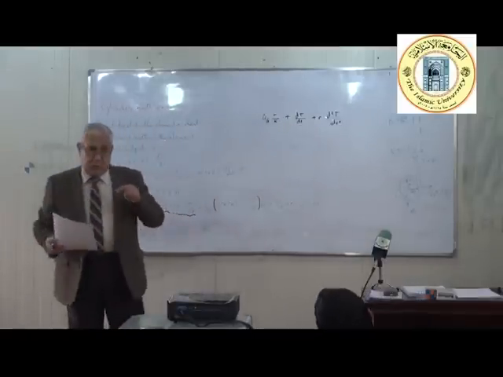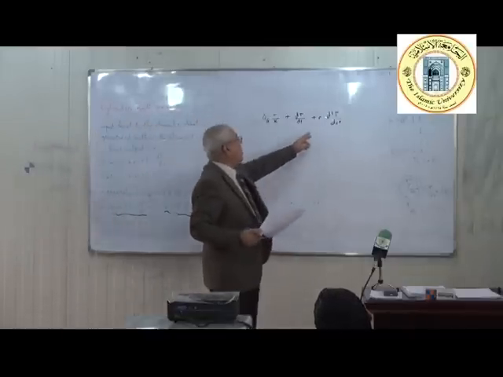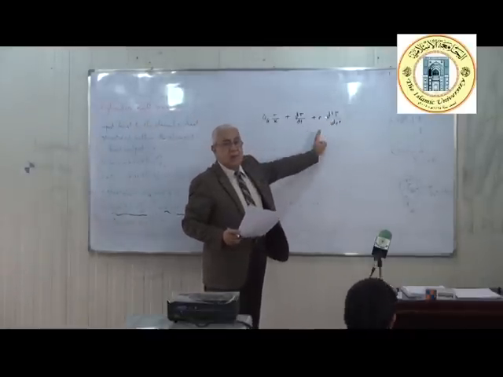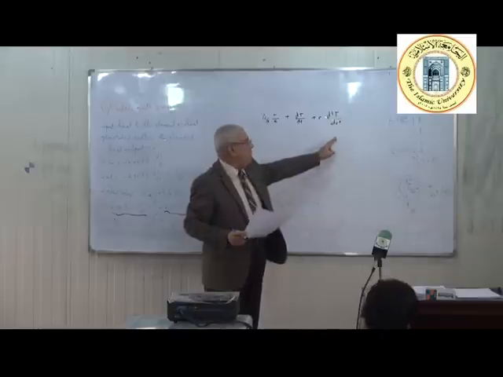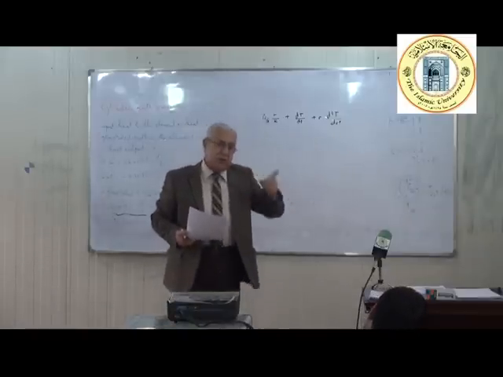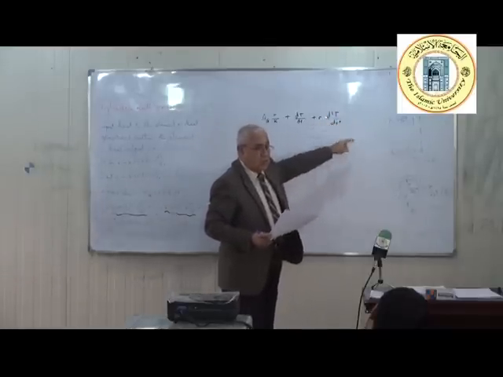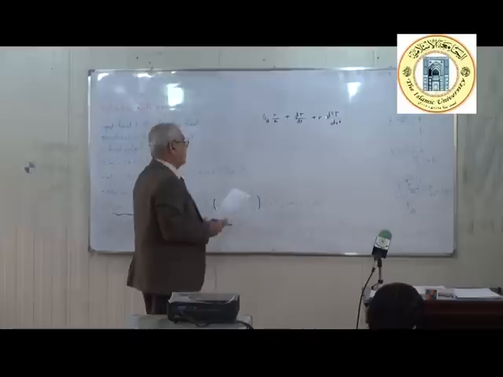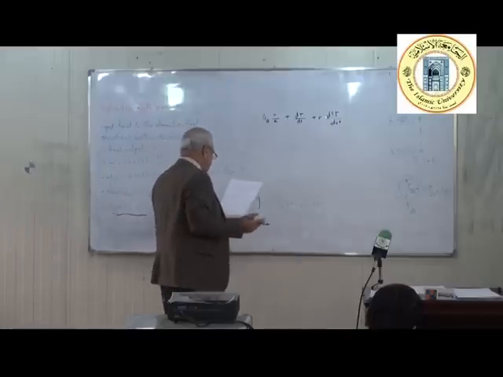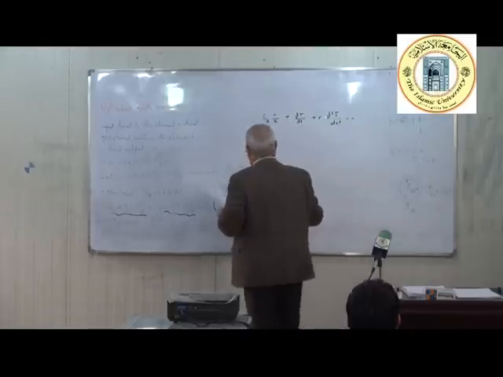Now you should follow my statement. I say now r d2T divided by dr squared. Now don't say d squared, it is d2T divided by dr squared. This one is equal to 0.